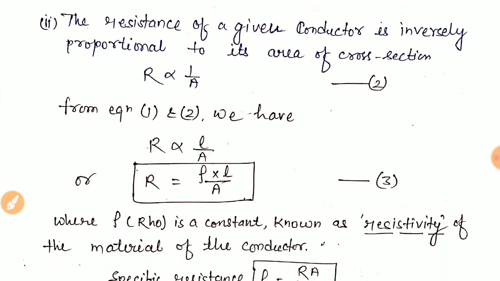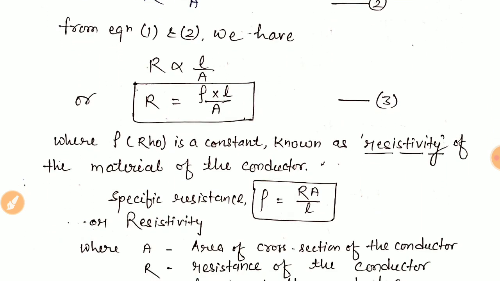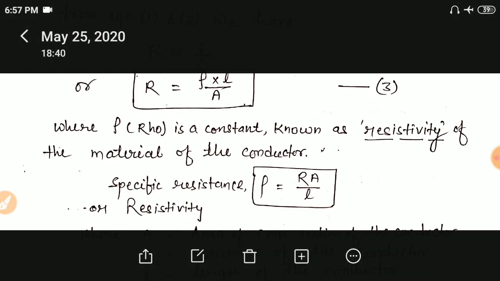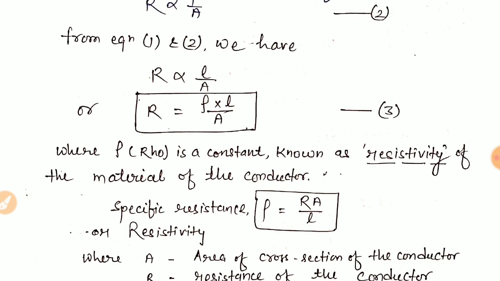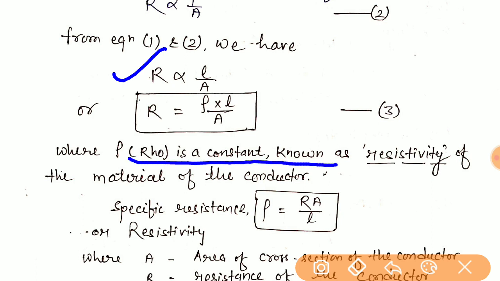Now combining equation 1 and 2 we get R is directly proportional to L upon A, where on removing the proportionality constant we include rho, and this rho is called a constant, also known as the resistivity of the material.